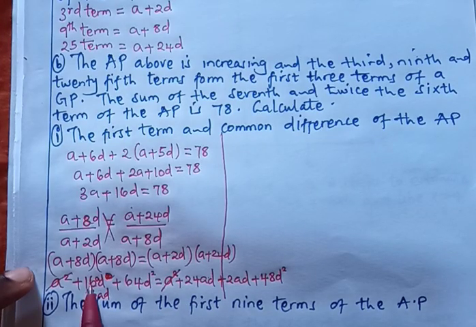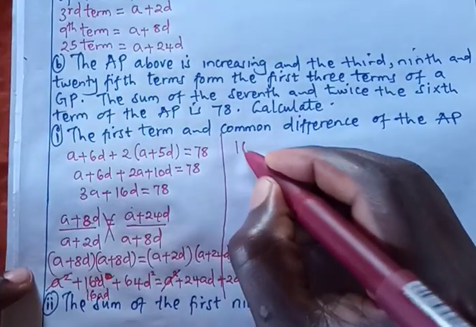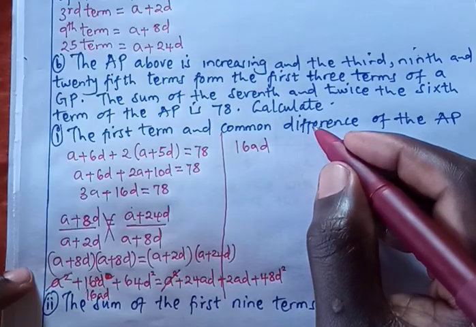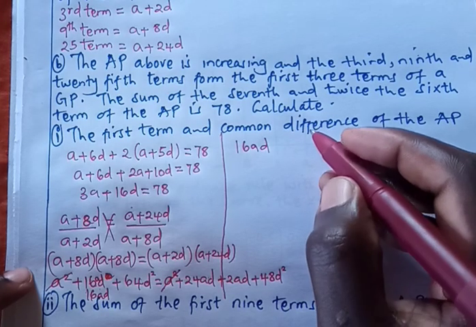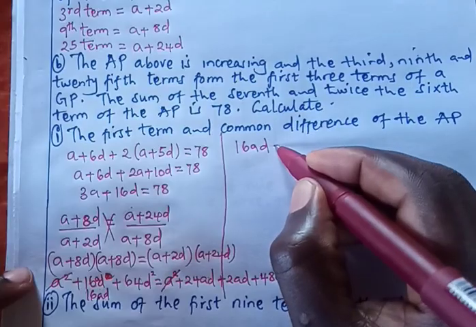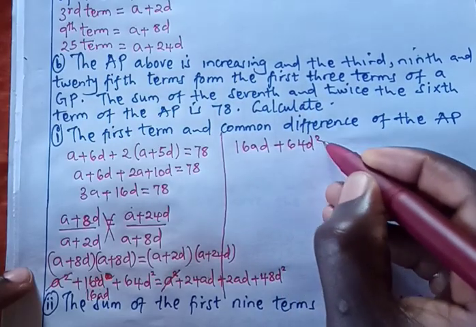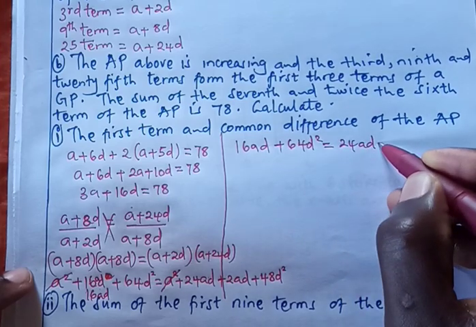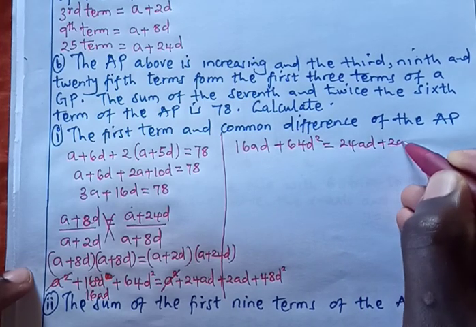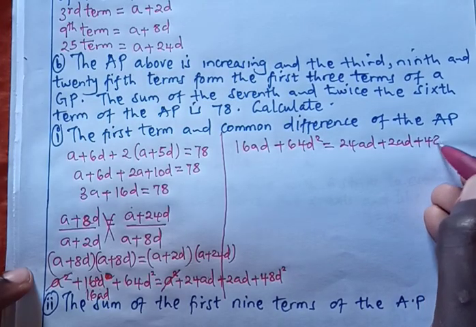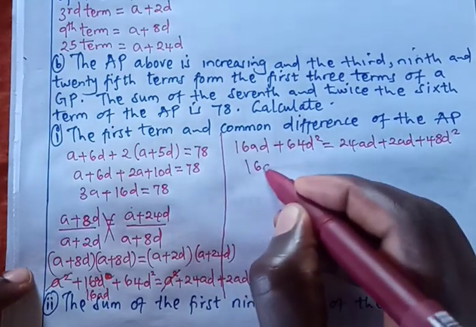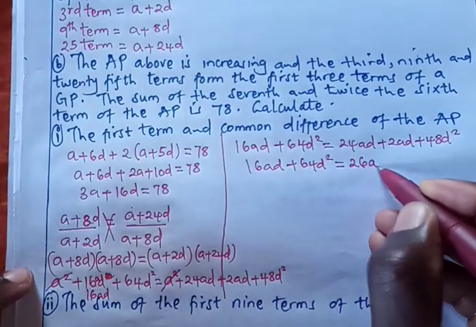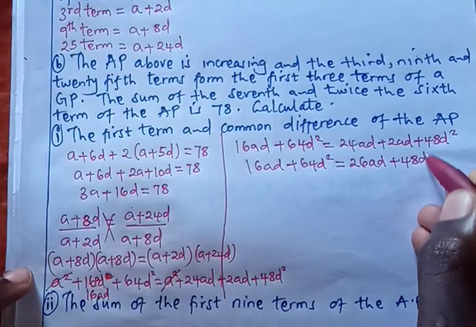This is 16 AD, then plus 64D squared, is equal to 24 AD, then plus 2 AD, then plus 48D squared. So this is 16 AD plus 64D squared is equal to 26 AD, then plus 48D squared.